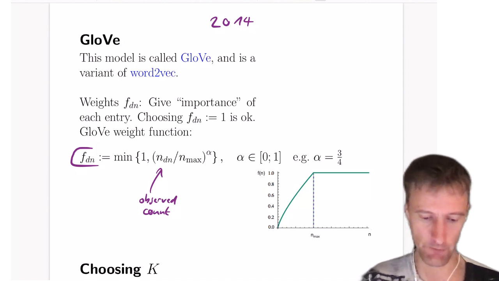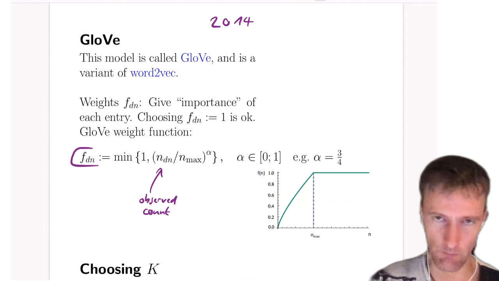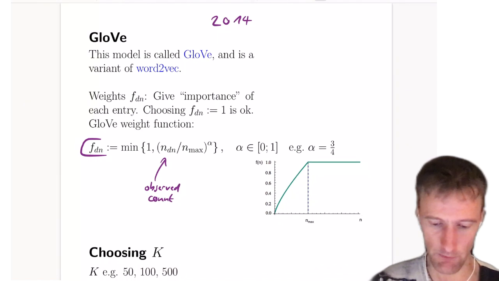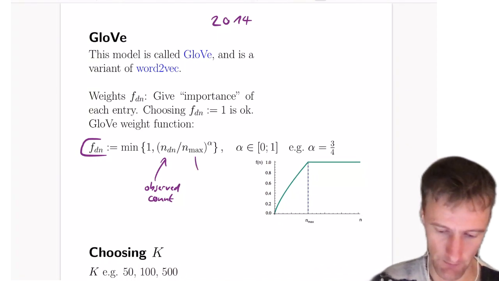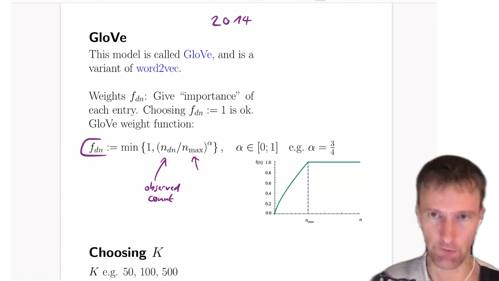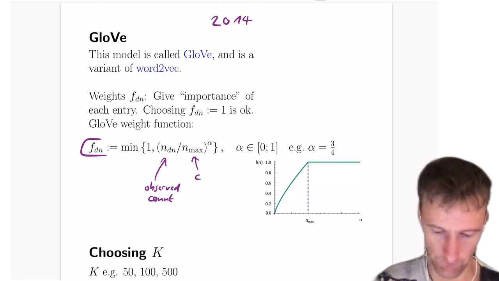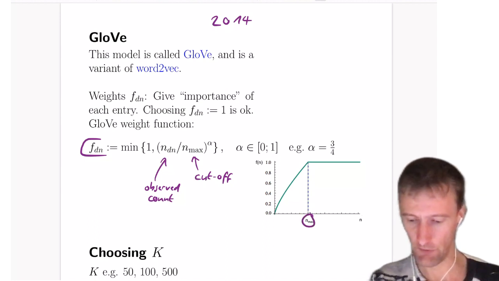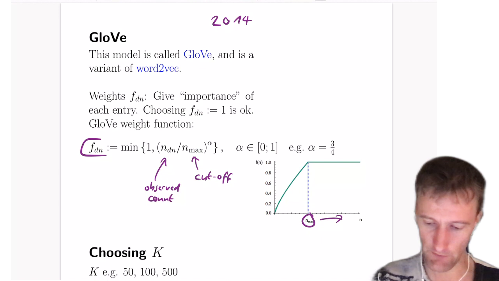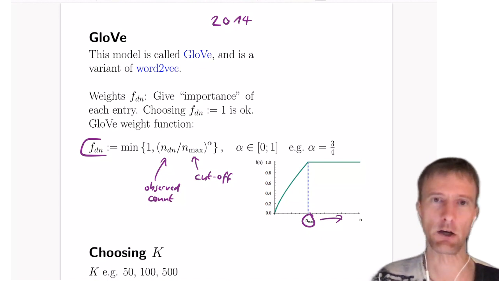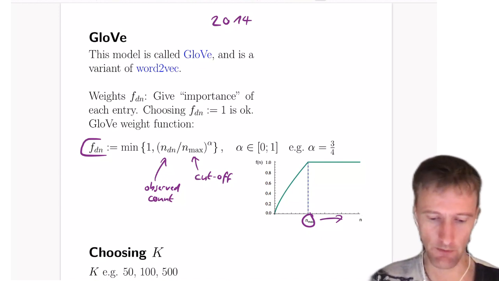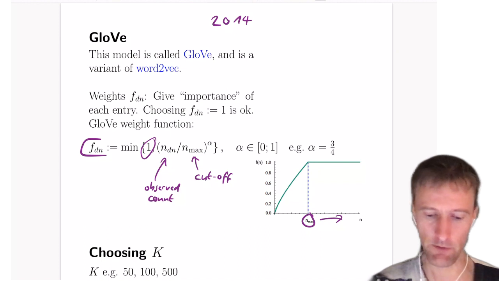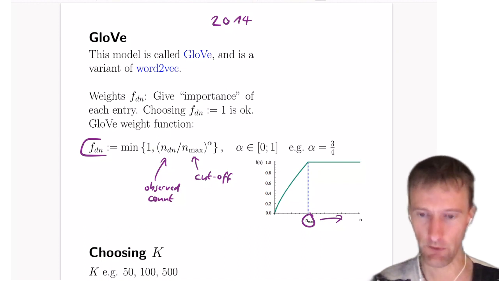That's your input, and we make the weighting dependent on that. There is also some kind of a cutoff. Whenever the count is bigger than that, then you don't care anymore, because the weight will just be 1.